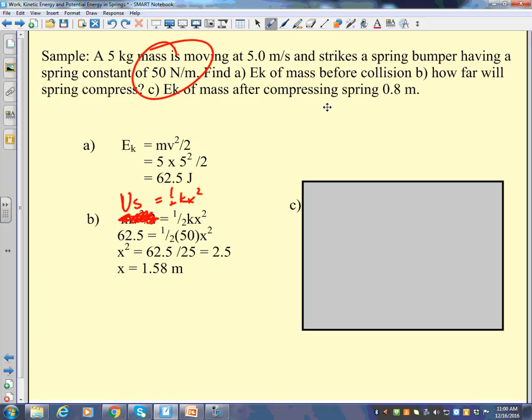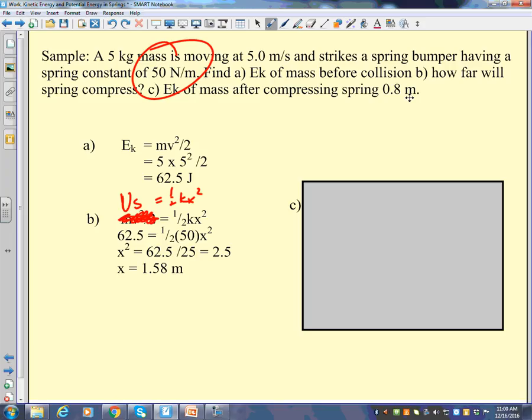What's the kinetic energy of the mass after the compression of the spring? 0.8. So how are we going to do this? If we had 62.5 joules to begin with, at some point along the way, I still need to have a total of 62.5, and some of that is kinetic, some of that is going to be potential.